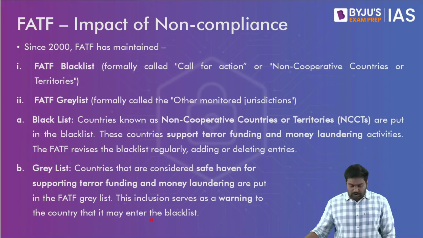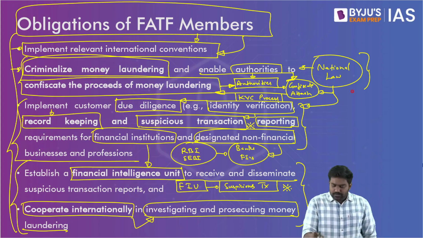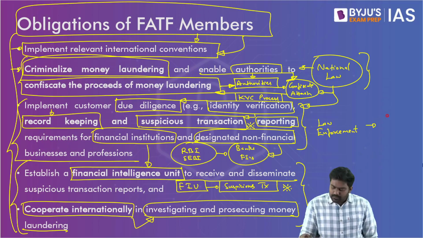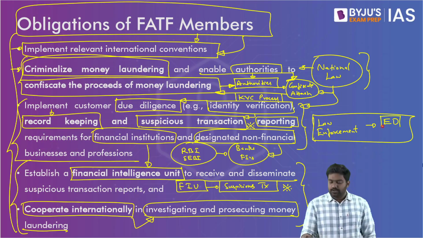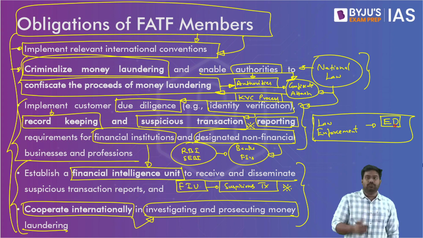All right. And they should also establish a dedicated law enforcement agency to enforce the law, such as the ED, Directorate of Enforcement, or Enforcement Directorate, as you know it.